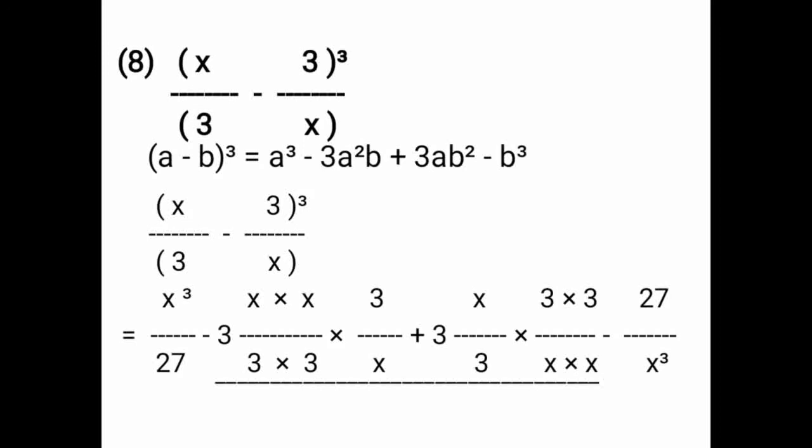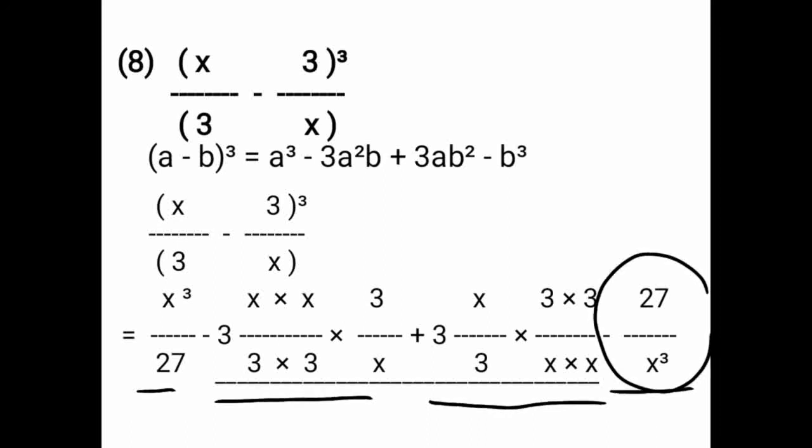After writing multiplication form of minus 3a square b plus 3ab square, you have to do cancellation now. But before that, in a cube minus b cube, the answer you got here, write as it is, that is x cube upon 27, and then minus 27 upon x cube.